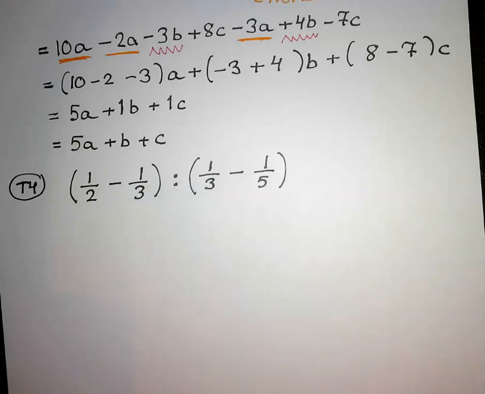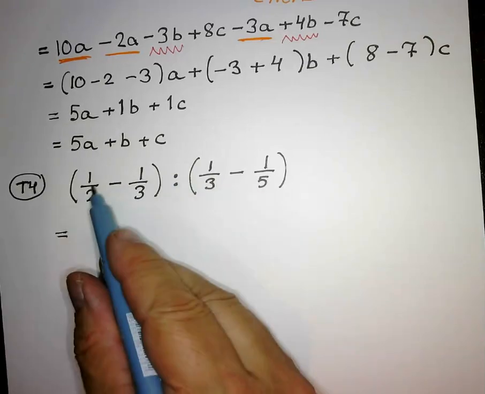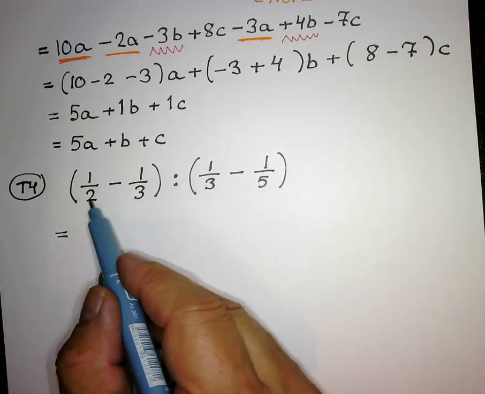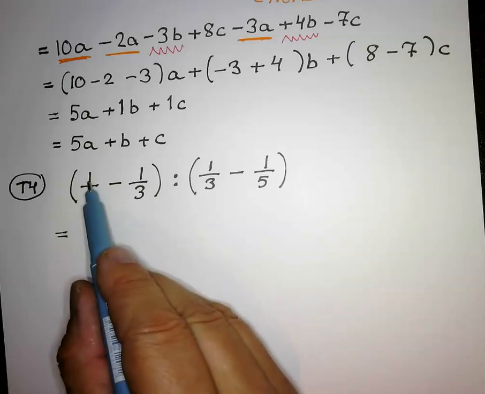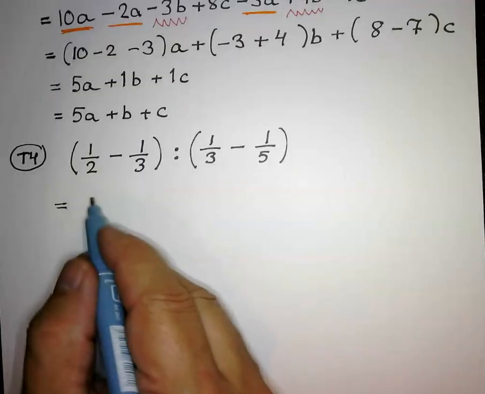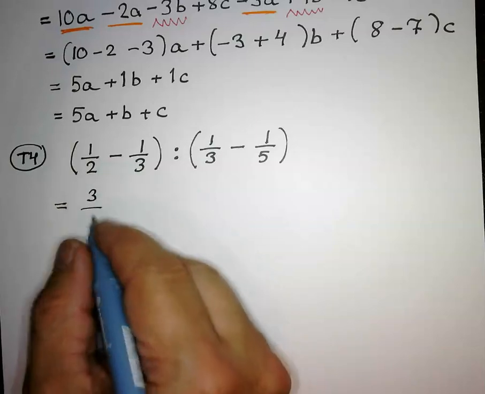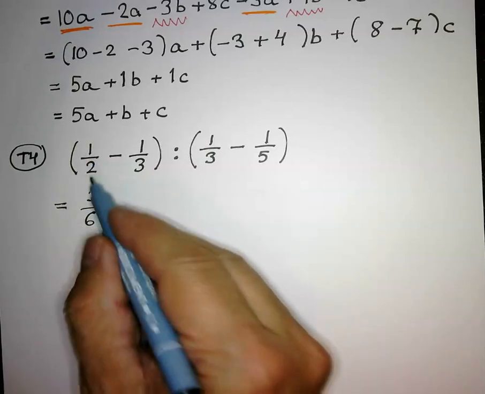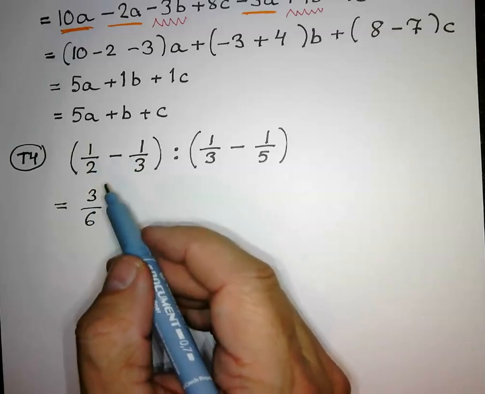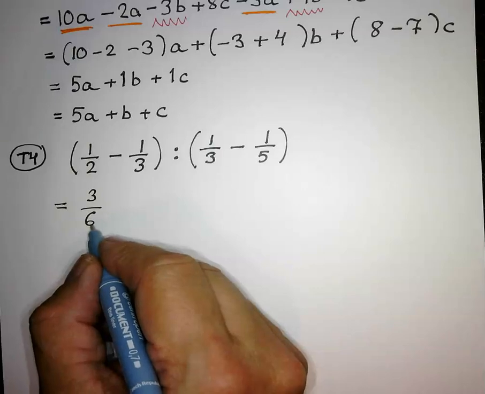So what does that mean? We have here 1 divided by 2. If we multiply both of them by 3, we get 3 times 1, it's 3, 3 times 2, it's 6. This is the same as 1/2, but we have now 6 in the bottom part.